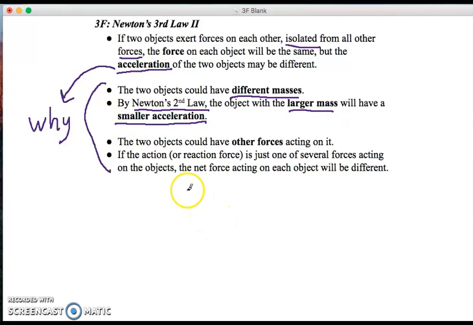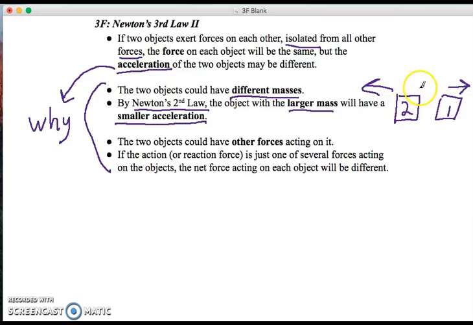So again, let's say we had two objects, object 2 and object 1, and there was a force on each one of them.